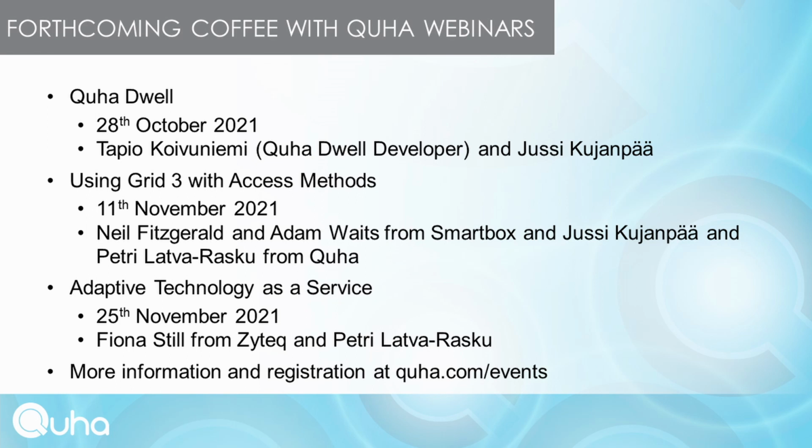If you want to know more about how to use Grid Tree with different access methods, or you have something you want to ask about those, this is the correct place. And then our last one for this autumn is adaptive technology as a service.